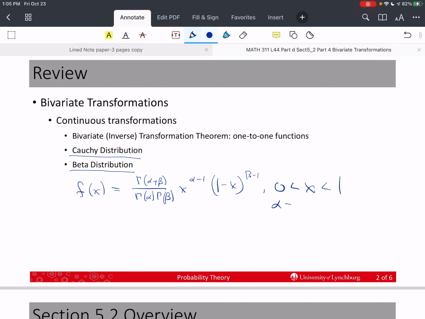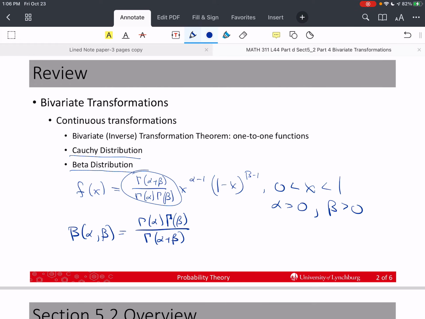And then alpha and beta are both positive parameters. Okay? And then we said that the beta function is equal to gamma alpha times gamma beta over gamma alpha plus beta. So it's 1 over this quantity, or the reciprocal of this quantity.